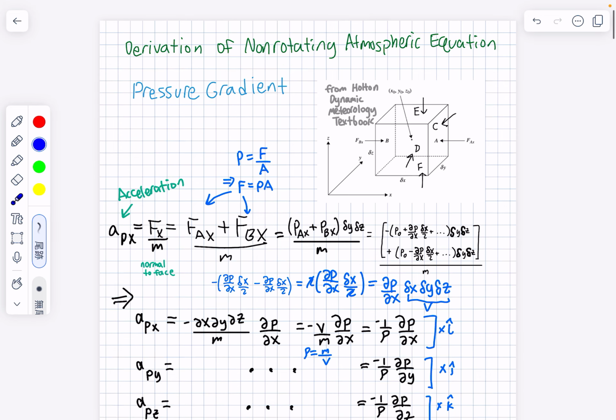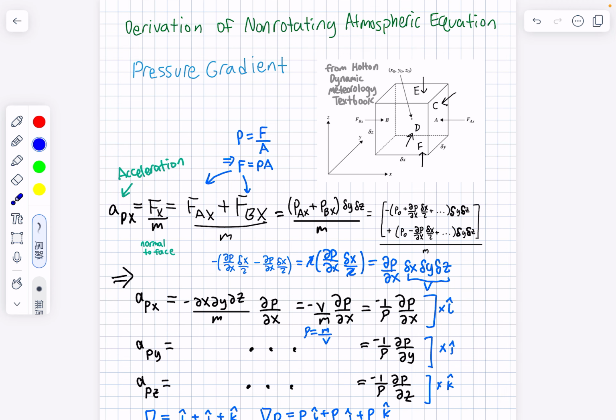So, for pressure, we first note that by definition, pressure is equal to the force over a certain area, A. And in this case, we'll have pressure in the x direction, pressure in the y direction, and pressure in the z direction.